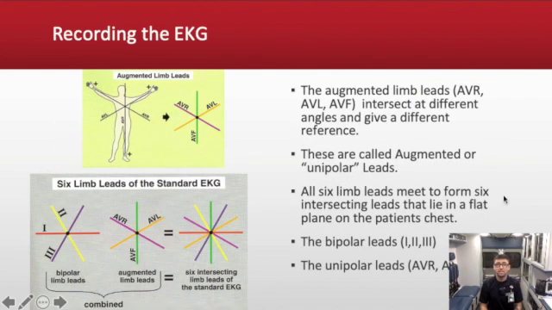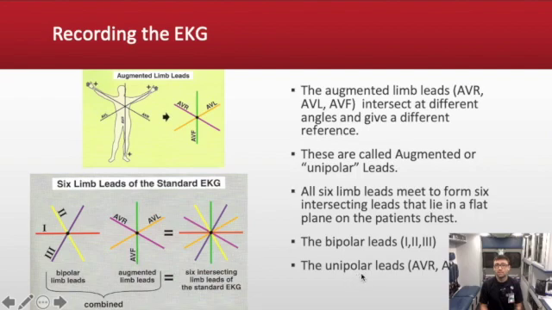The augmented limb leads, AVR, AVL, AVF, intersect at different angles and give different reference for us. So I know this is a little bit confusing. These are called augmented or unipolar leads. So now we have 1, 2, 3, okay, AVR, AVL, AVF, and we're actually creating intersecting limb leads on the standard EKG.